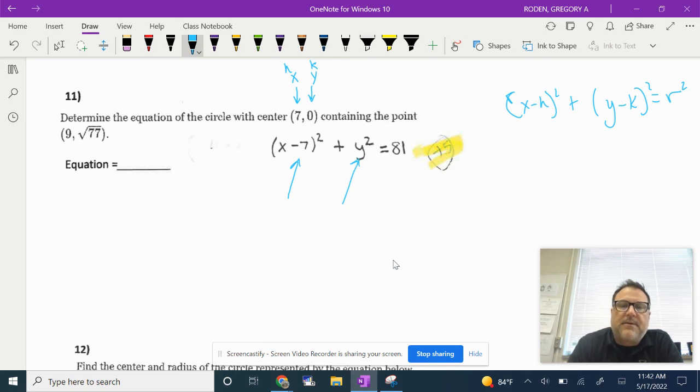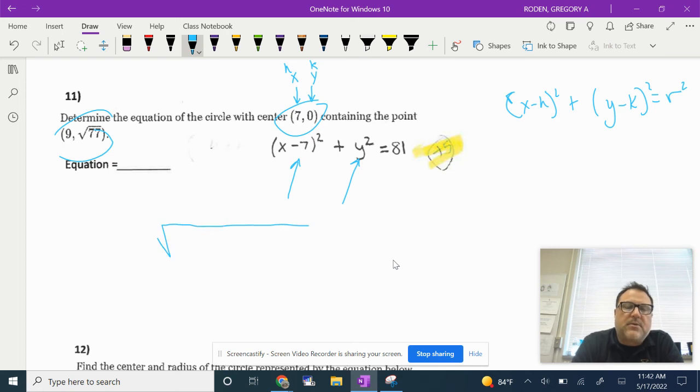Now, how do we figure out the 81? Well, we have to figure out what the distance formula is to find the radius, okay? So we have a circle here, and we have to figure out, okay, so what's the distance between these 2 points, the center and the point on the circle? So we need to use the distance formula.